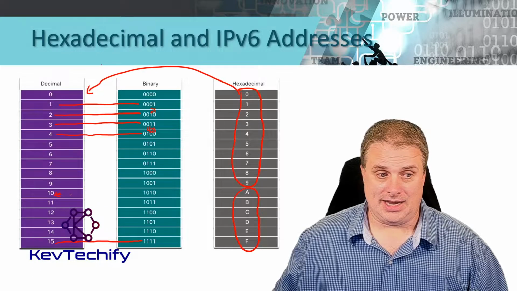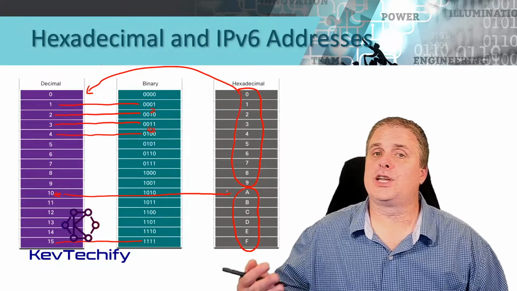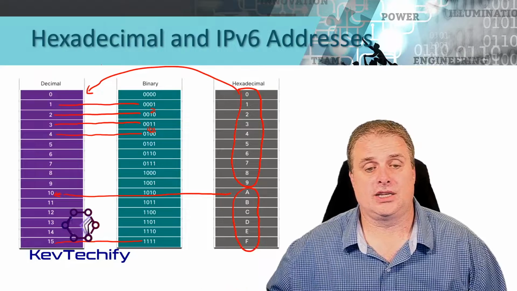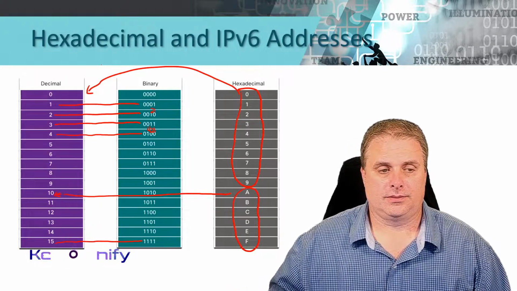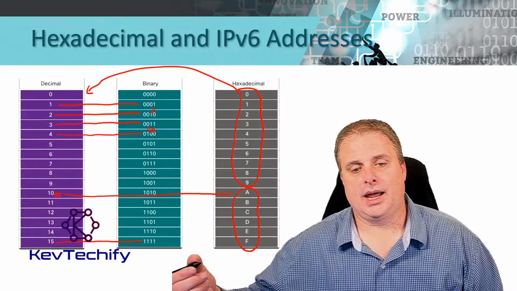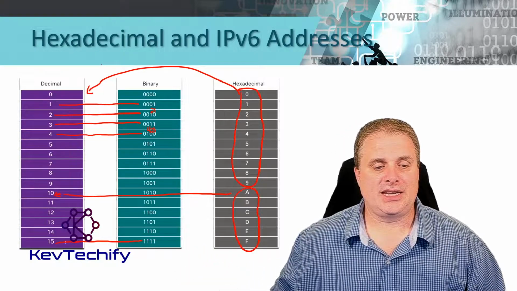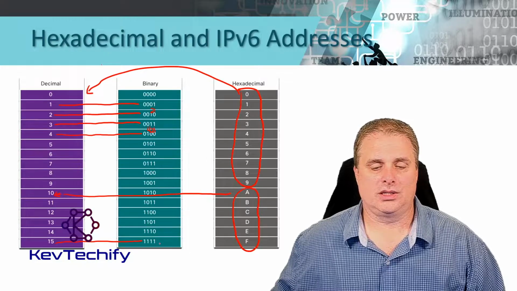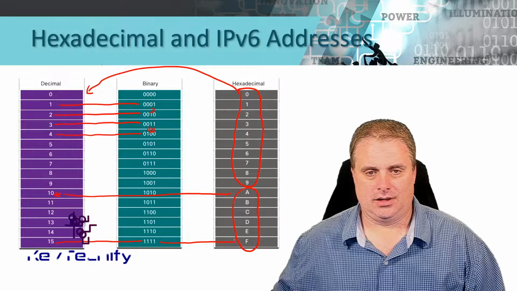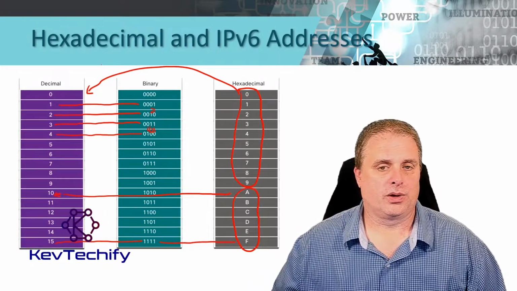But in the hexadecimal system, we're still on our first time through the numbers. So decimal 10 is equal to hexadecimal A. Decimal 11 is equal to hexadecimal B. All the way down to decimal 15, which is all ones in binary, that is equal to F. That's the 16th value as we work through the system.